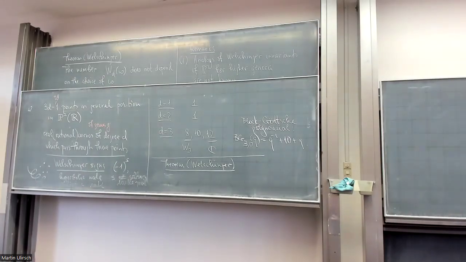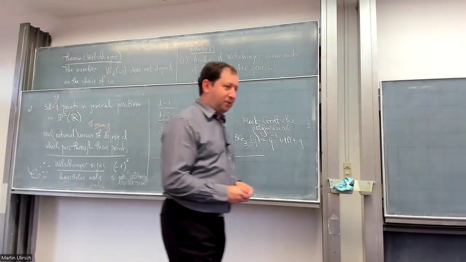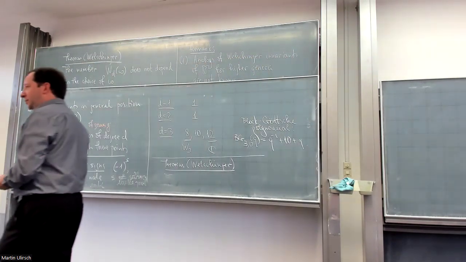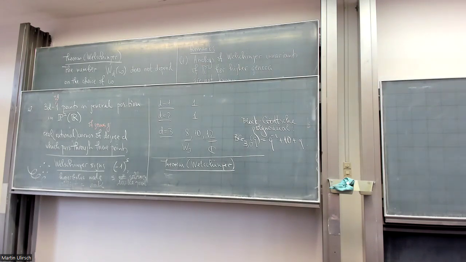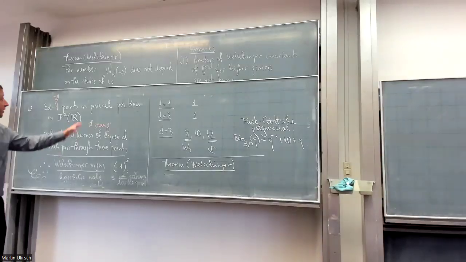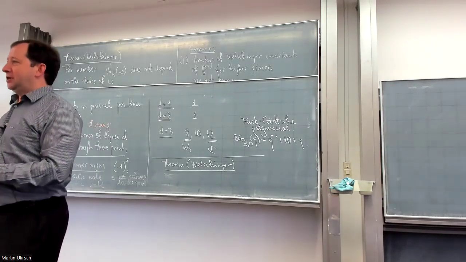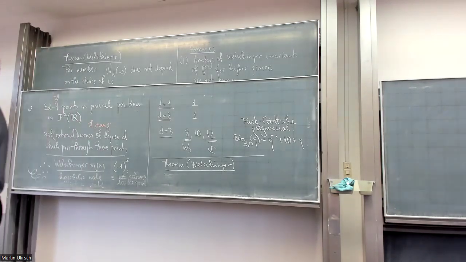That's a very good question. It's one of the main problems in real enumerative geometry. Of course, you can consider moduli spaces of objects you are interested in, but quite often, I would say typically, these moduli spaces are non-orientable. So it's quite complicated to do intersection theory in this moduli space. Welschinger invariants can be interpreted in this way, but you should cook your moduli space in really inappropriate ways.